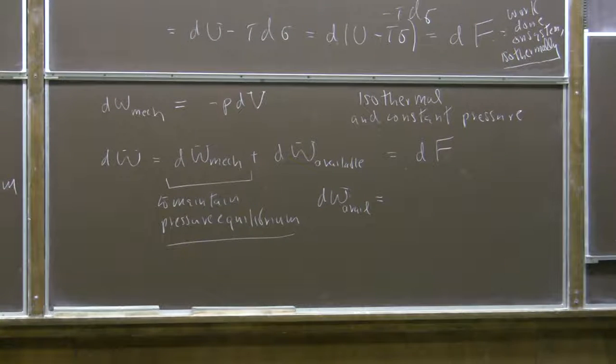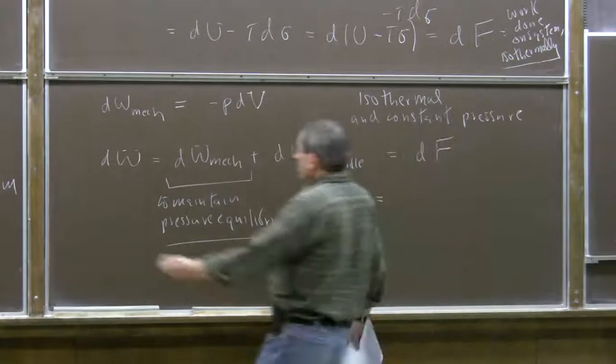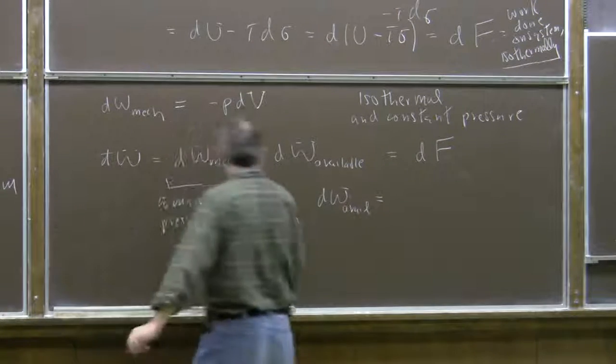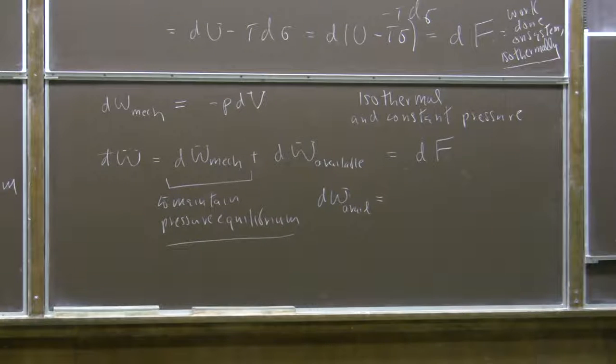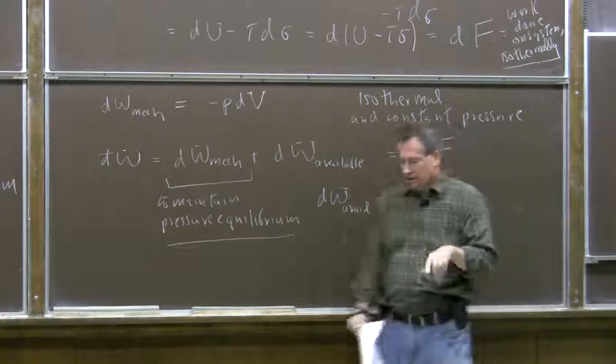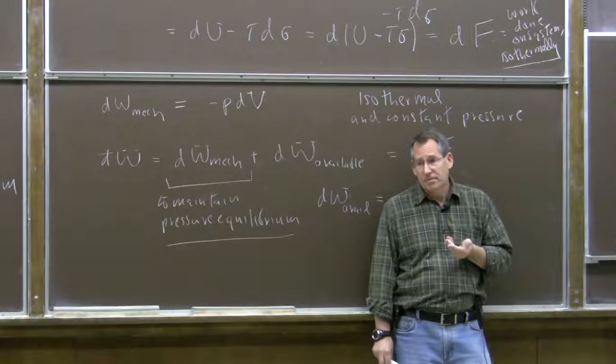Yeah? I have a question. So is dW like a differential, or is it dW with a bar through it? It really has a bar through it. And the reason I didn't draw the bar is, since I'm talking now, why did we put the bar in last time? It was because we wanted to consider a closed cycle which had both isothermal and isentropic strokes, right?